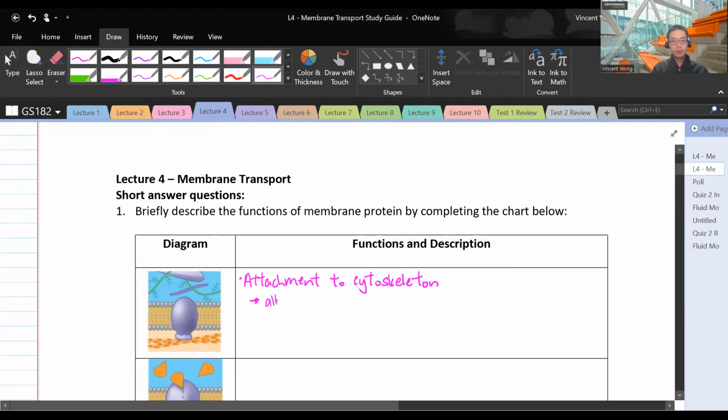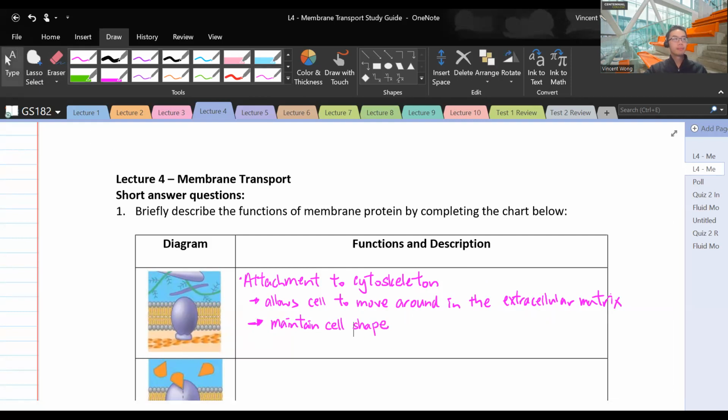Well, that allows the cell to move around in the extracellular matrix. That's the area outside of the cell. And also, by attaching to the cytoskeleton, it helps maintain cell shape.